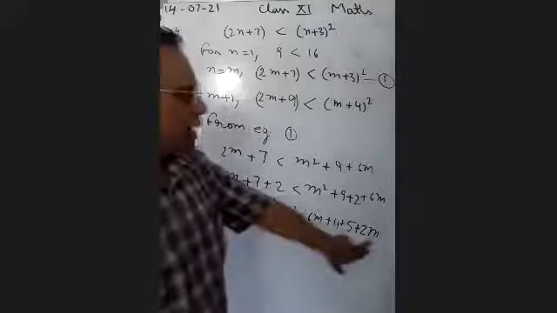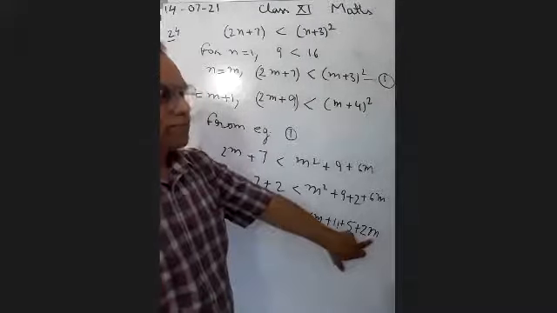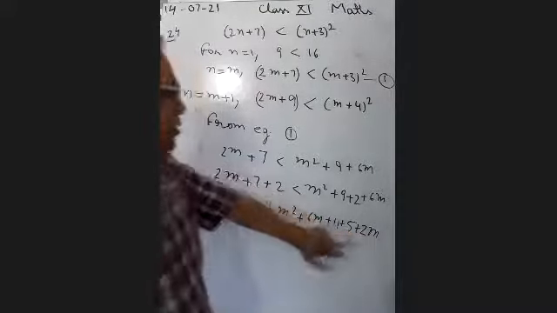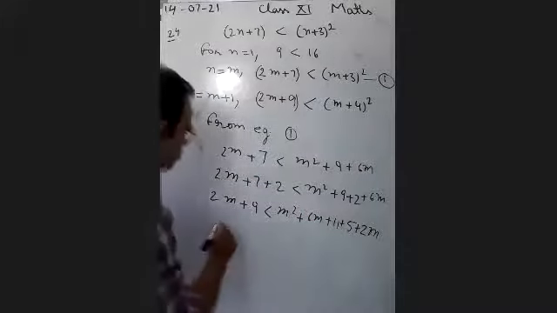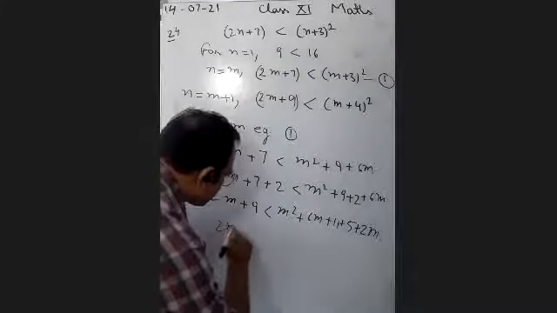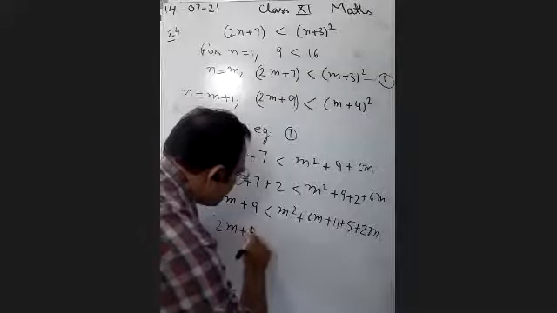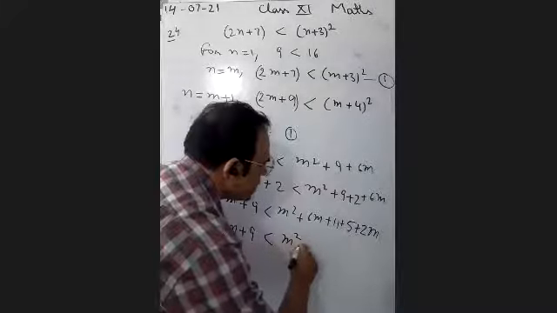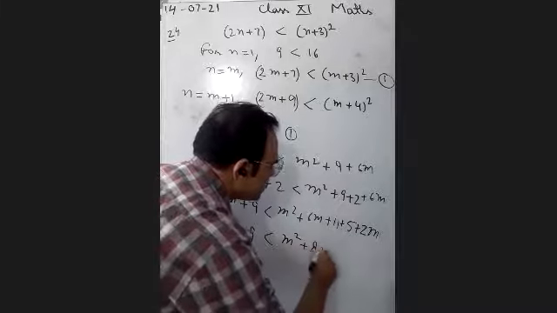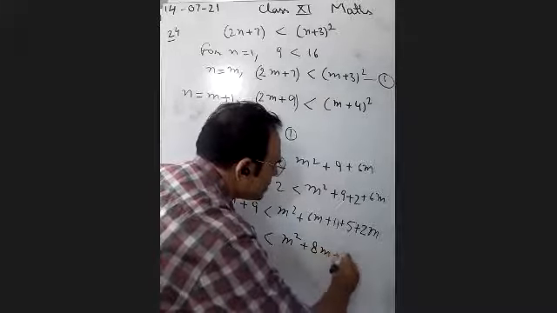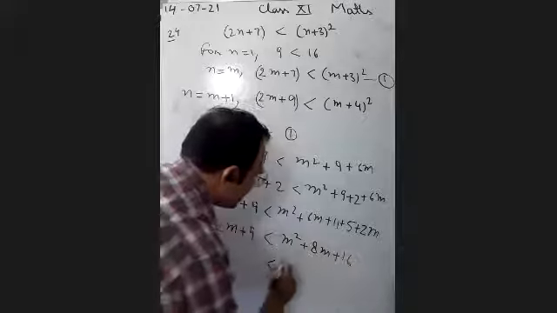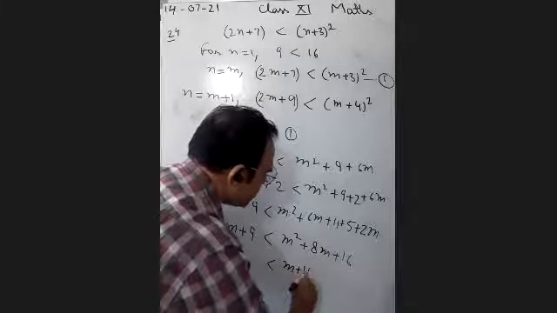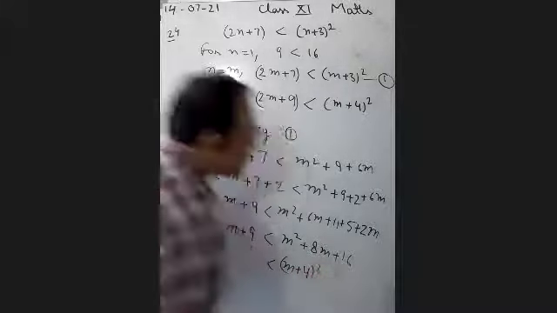If we multiply with a positive number, it will be greater. So 2m plus 9 is less than m square plus 8m plus 16. It means it will be less than m plus 4 whole square.